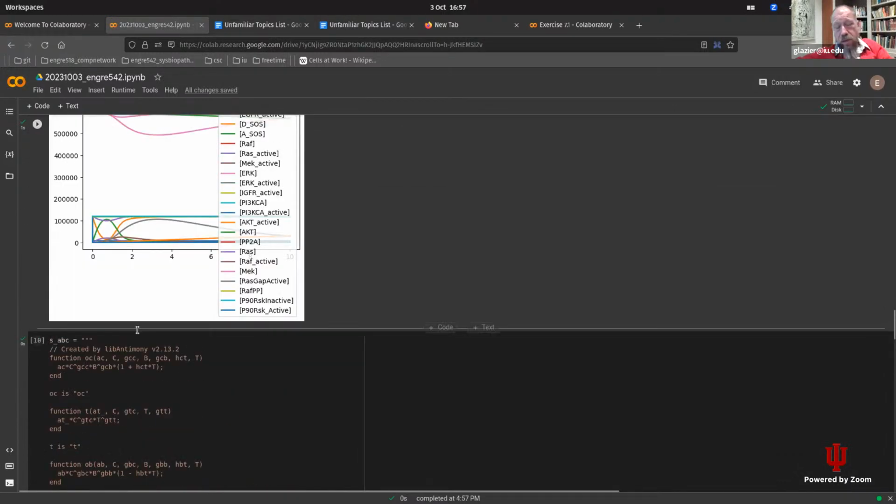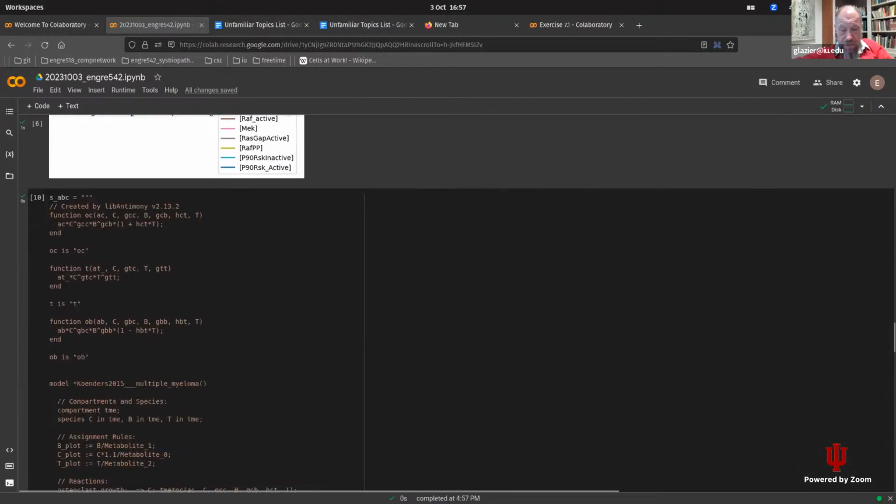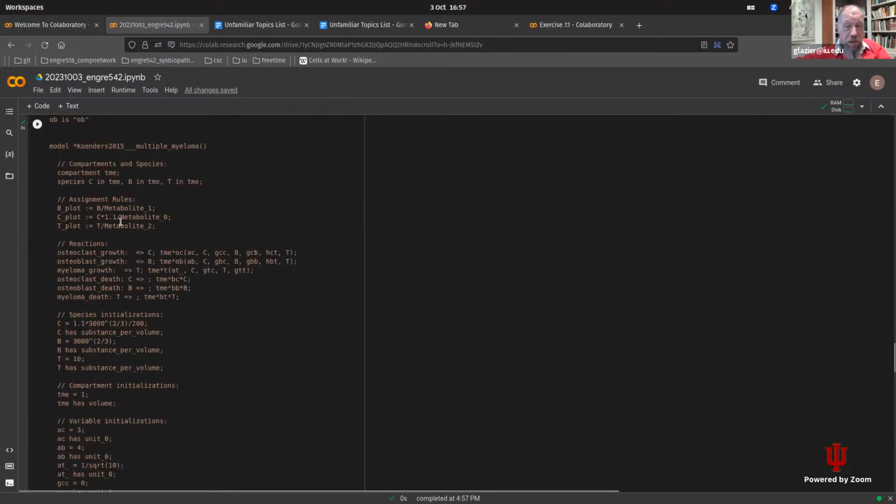One of the problems with Antimony is that because of the way it's parsed, the error messages are not always informative. For example, "unexpected end" usually means that there's a missing parenthesis or a quotation mark.